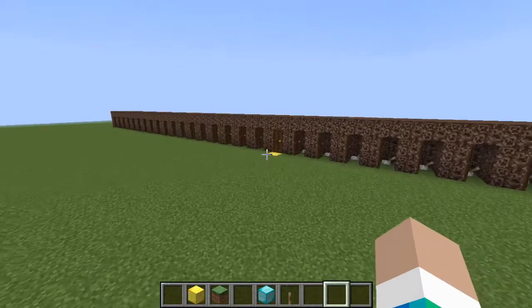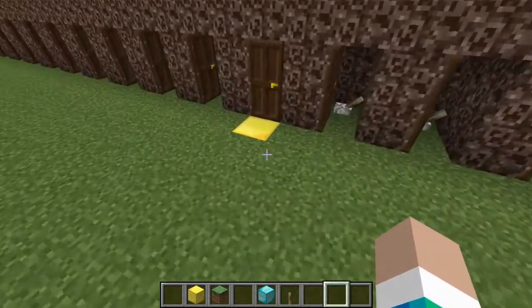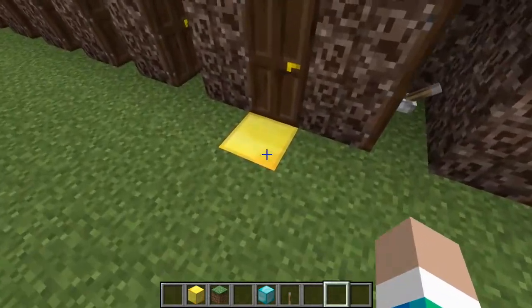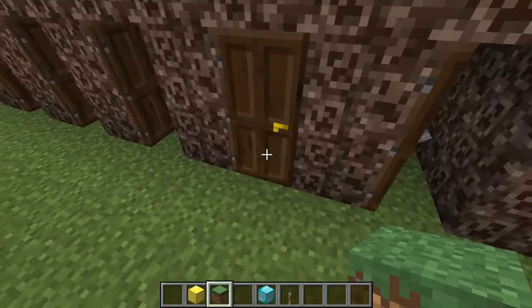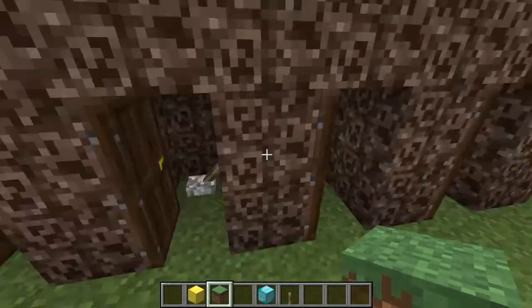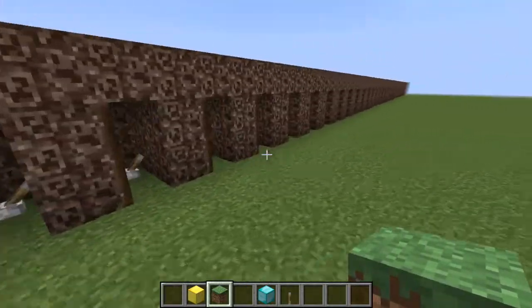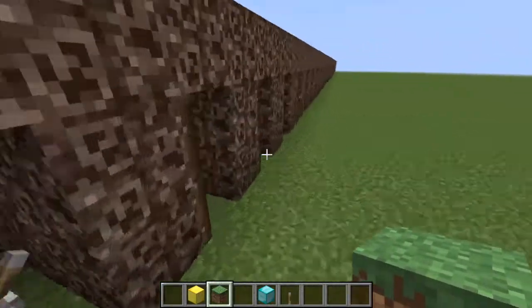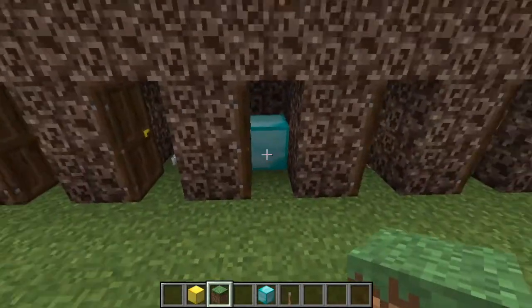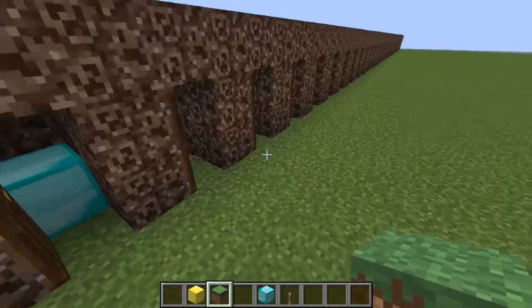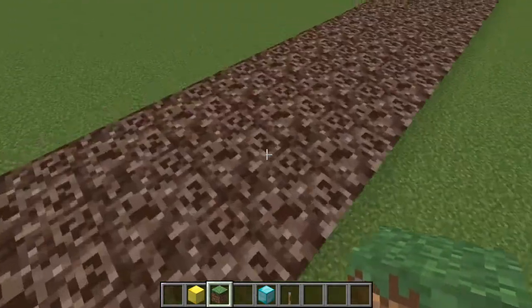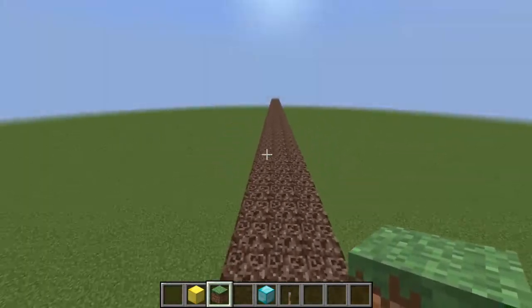It just seems so much more unlikely that the diamond block is behind this one, which I originally chose. And of course, you'd be right to assume that, because if I open this door, there's a lever, whereas if I open this door over here, there's a diamond block. Ta-da!